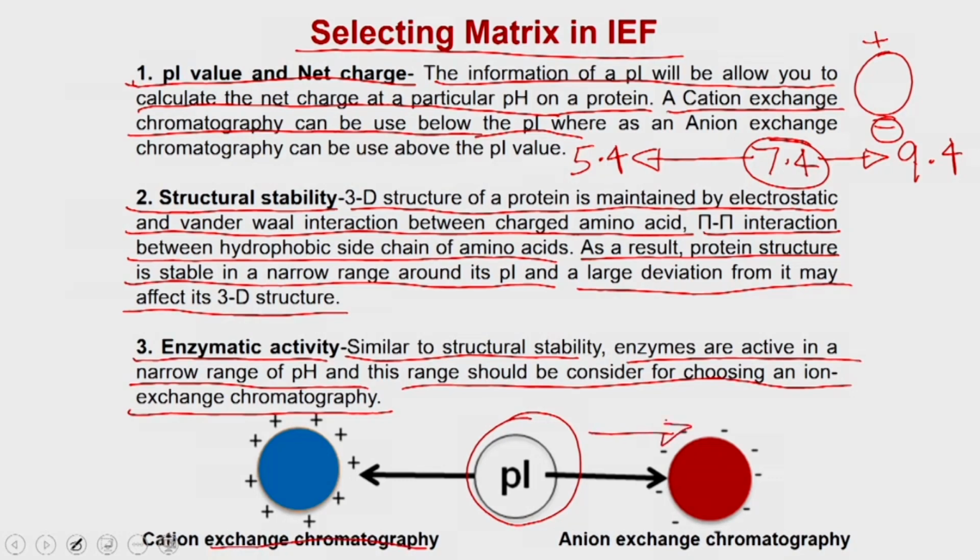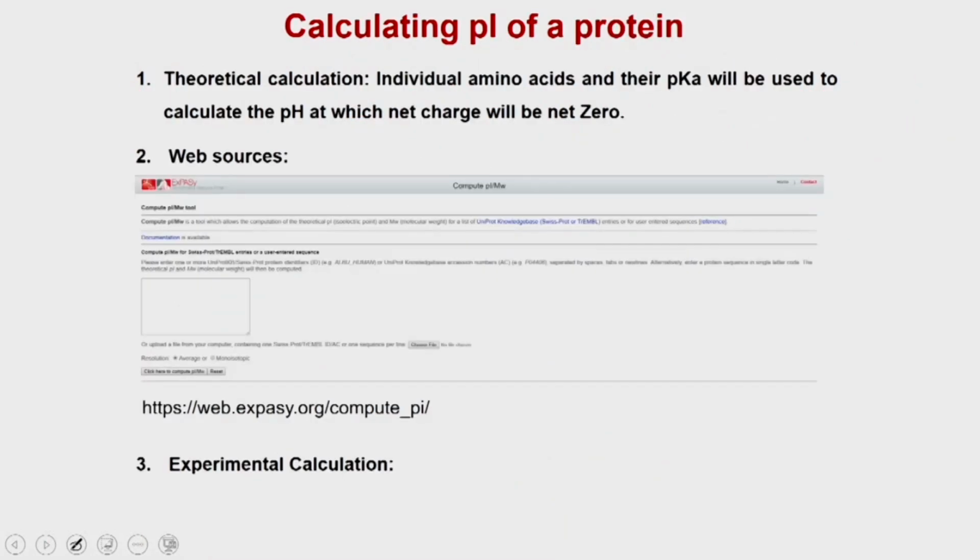If you go above the pI value, you will be able to use anion exchange chromatography. Now, the question comes: how can you calculate the pI of a protein, because that is very important if you would like to start using anion or cation exchange chromatography.